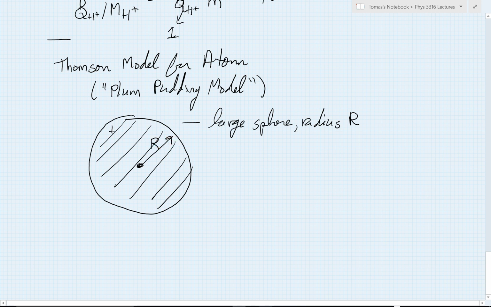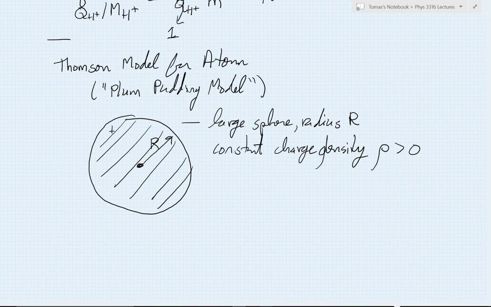And then he assumed, a rather reasonable assumption, that there's a constant charge density rho, which is going to be greater than 0, that makes up that sphere.